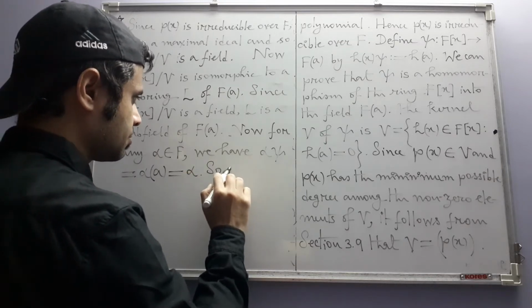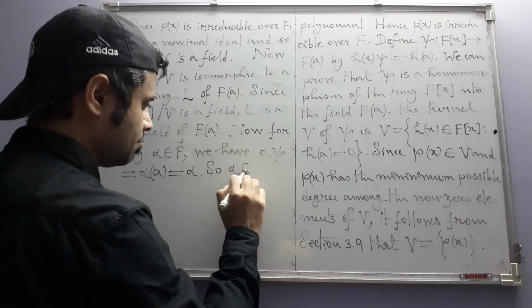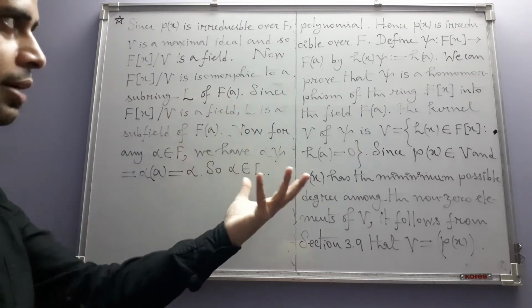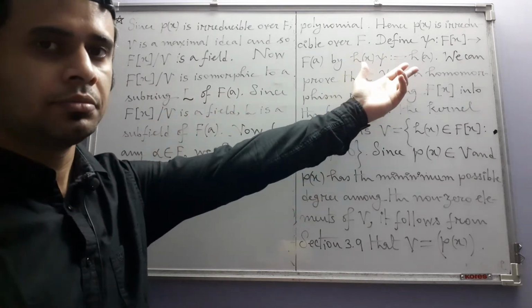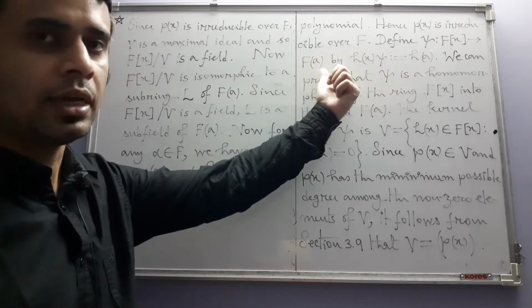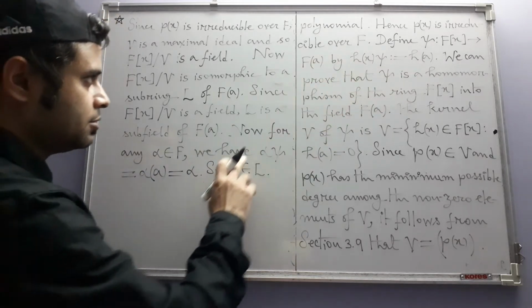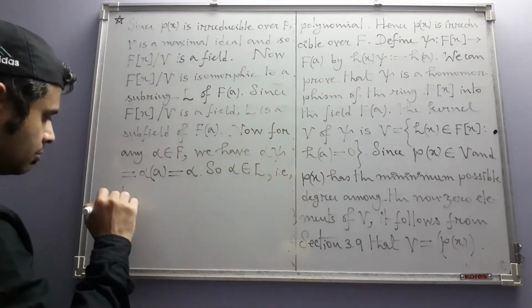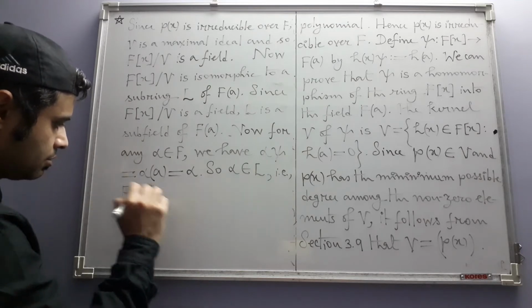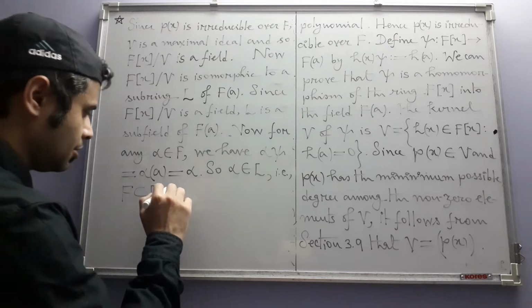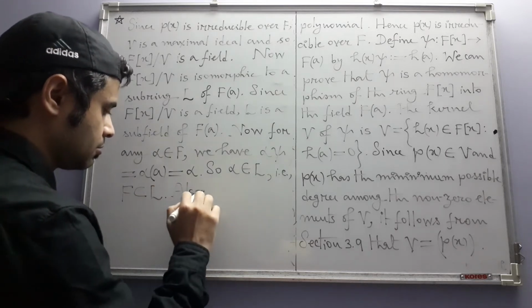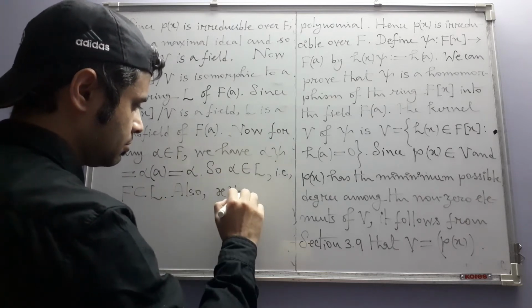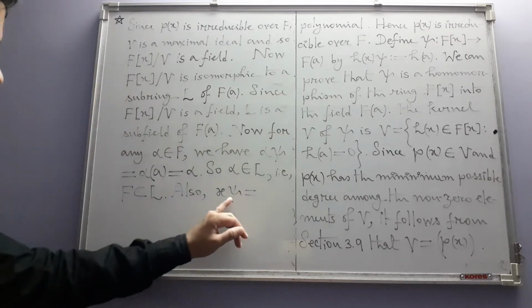So alpha belongs to L. Note that L is actually the image of this function psi in Fa. So that means alpha belongs to L, that is, F is contained in L. Also, what happens when we calculate the psi image of x?